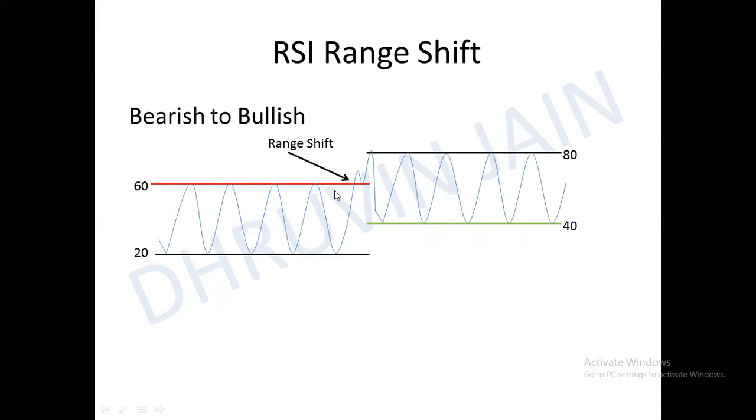When the price shifts from a lower high, lower low structure to a higher low, uptrend structure, RSI will start moving in its bullish region of 80 to 40.